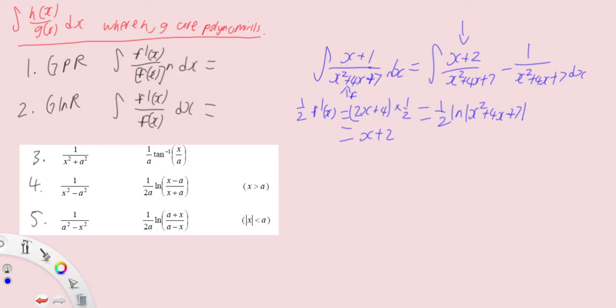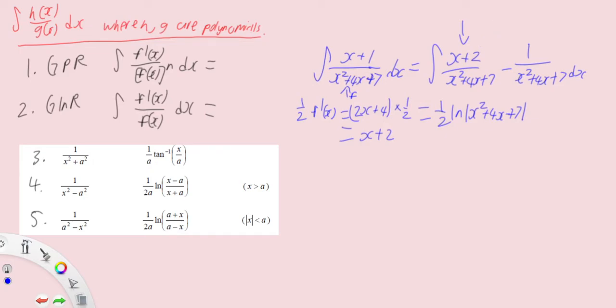So we just add a half, and then it's just the form f prime over f(x). So we just add half ln of x squared plus 4x plus 7.